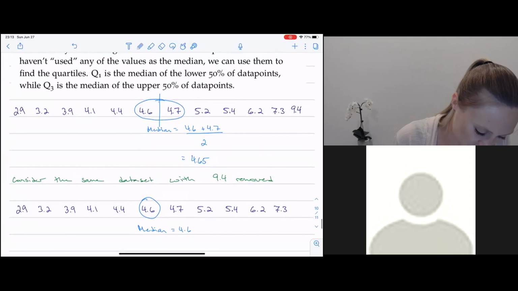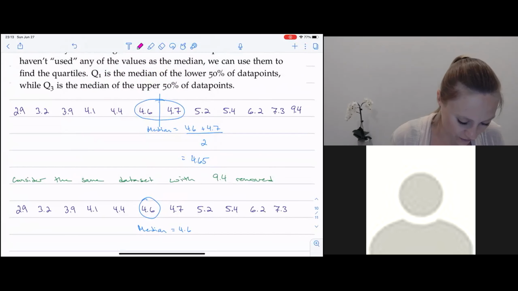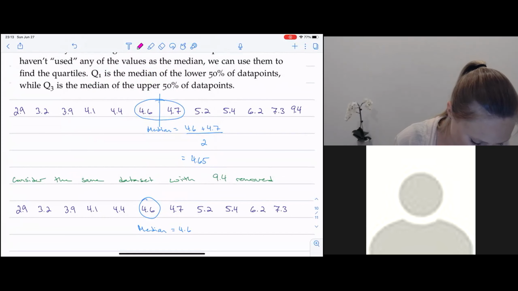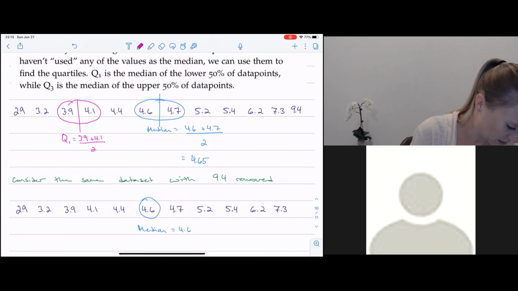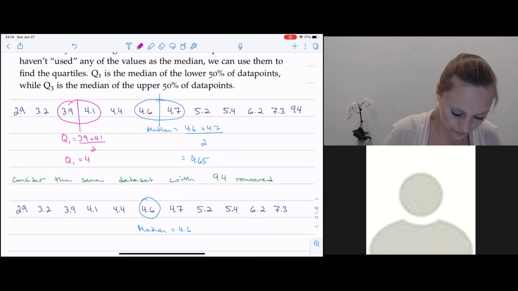So in this case, the first one, if I boop my way in here, I find that Q1 is 3.9 plus 4.1 divided by 2. And let me just confirm here, 3.9 plus 4.1 divided by 2. It's a beautiful 4. Great.